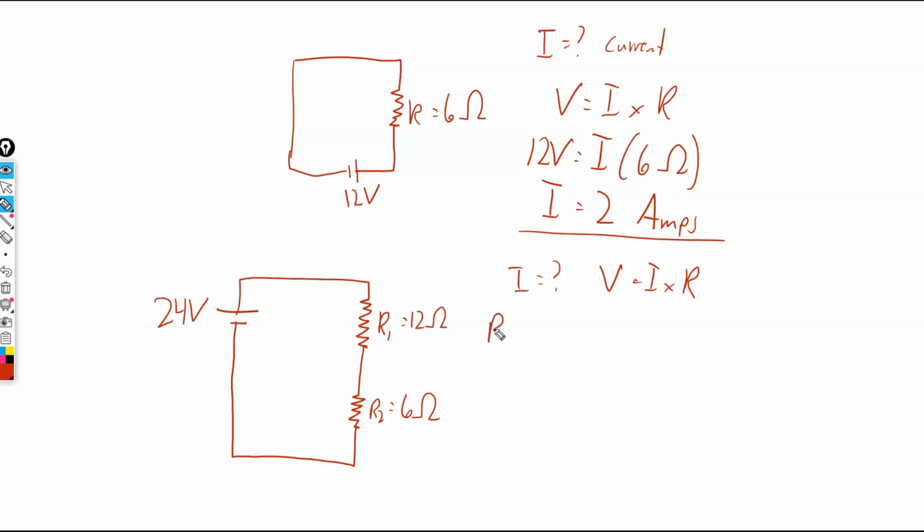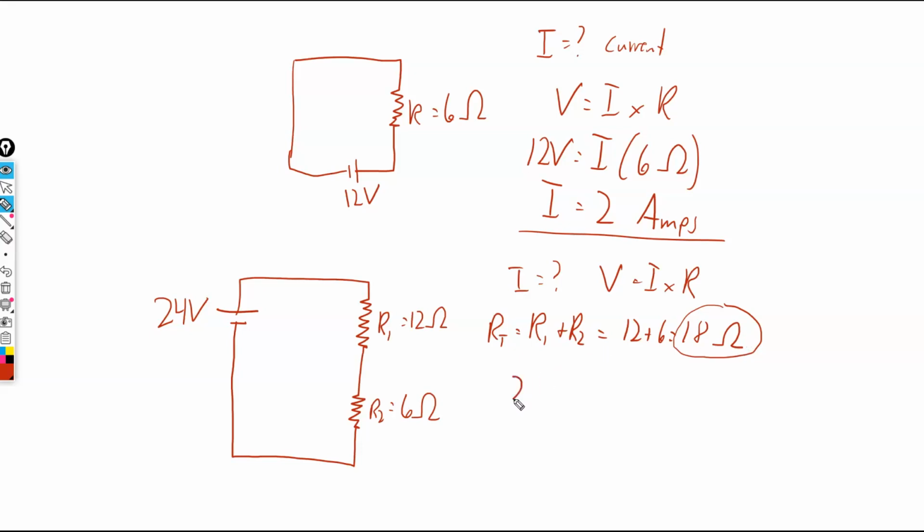So we first need to find R sub T, which remember in a series, it's just the sum of the individual resistors. So it'll be R1 plus R2, which will give us 12 plus 6. So the total resistance is 18 ohms. And now we'll use this to plug into our equation.